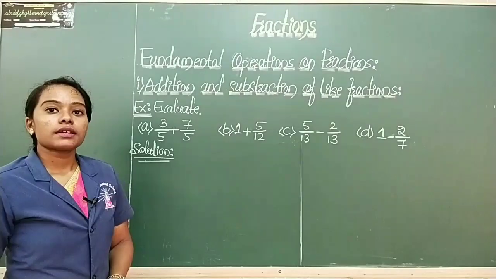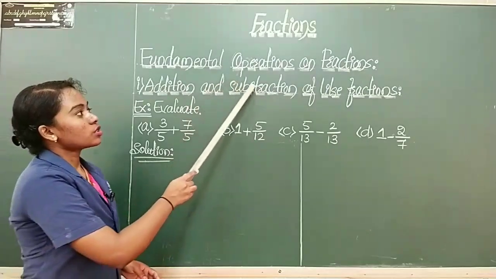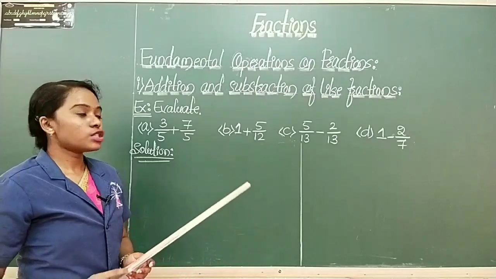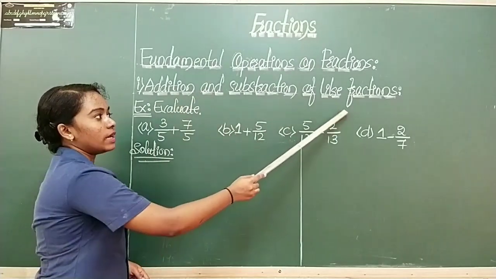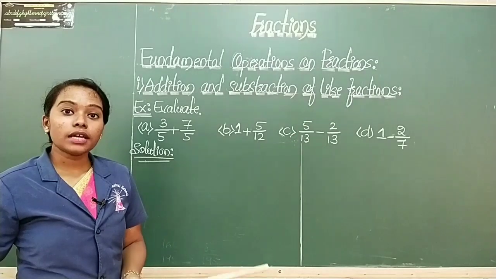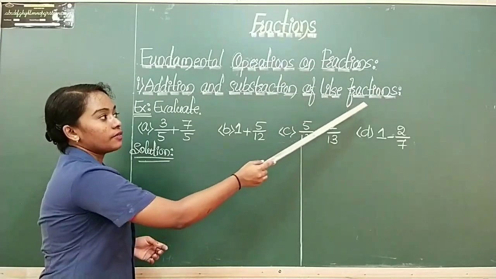So, students, our next concept is fundamental operations on fractions. In that, first one is addition and subtraction of like fractions. Here we have to learn how to add or subtract like fractions.